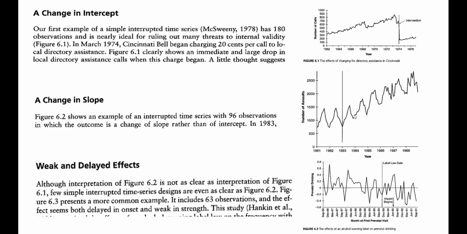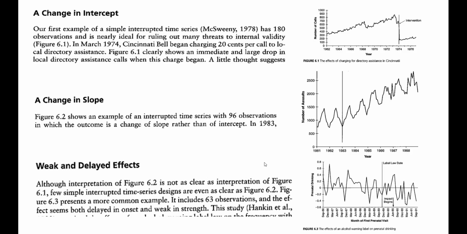So the trend or the slope is the difference we're noticing. It doesn't shift up or down on the y-axis at that vertical line at 1983. Instead, we see that overall trend heading up. We call that a change in the slope or the trend.